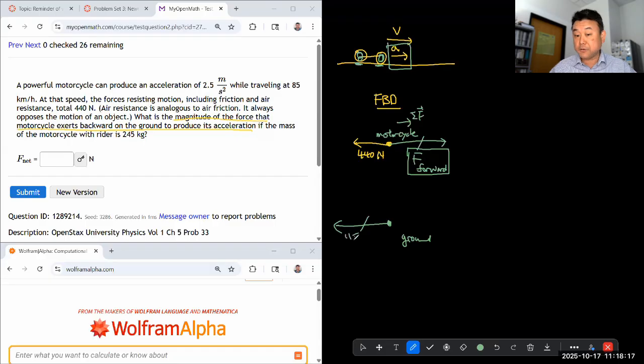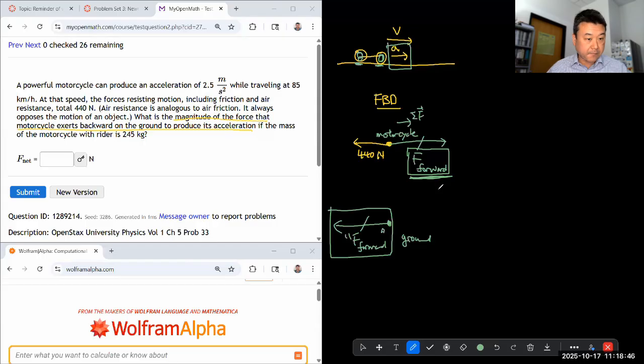So I might label this as F forward, because by Newton's third law, the magnitude of this force has to be equal to the magnitude of the forward force on the motorcycle. The question is asking for the magnitude of the force that the motorcycle exerts backward on the ground. I can find that by finding this force here, because the magnitude will be the same through Newton's third law.